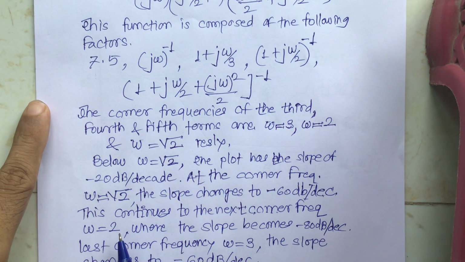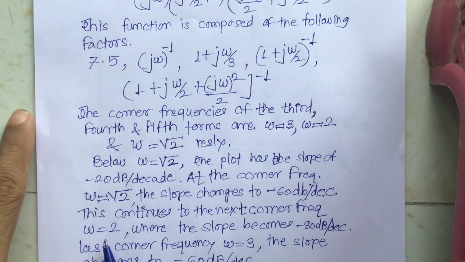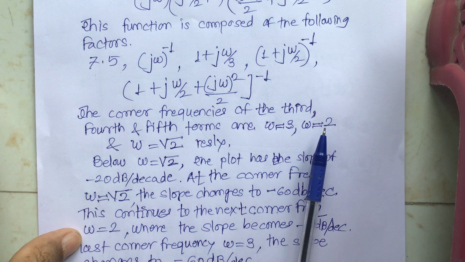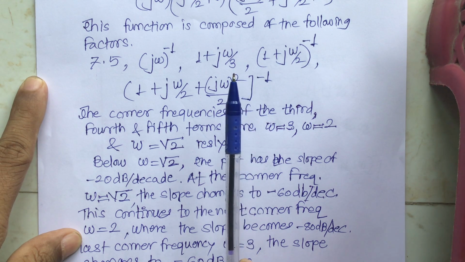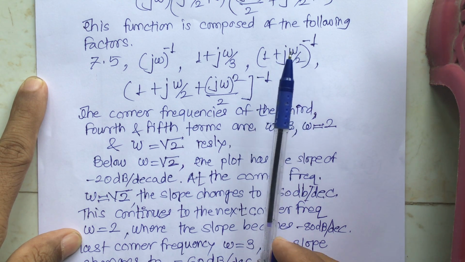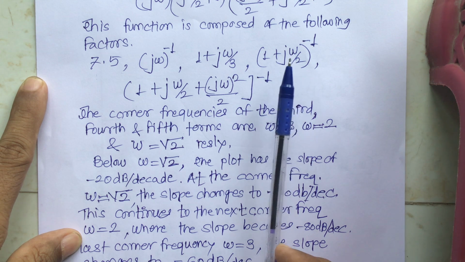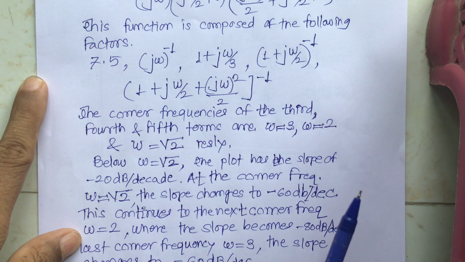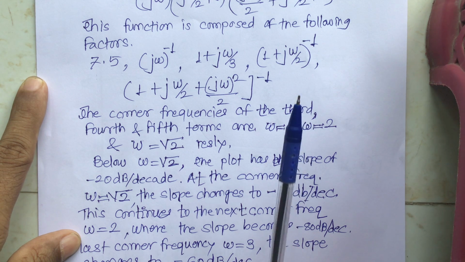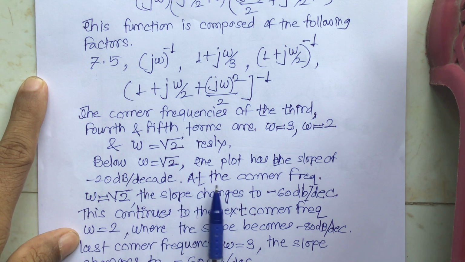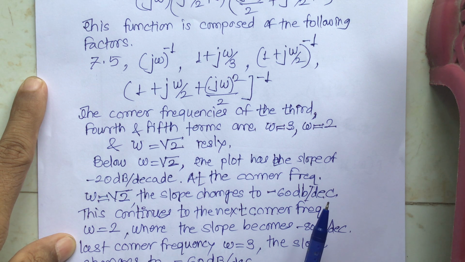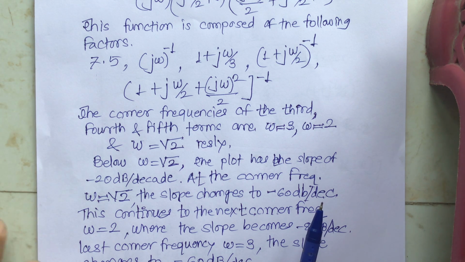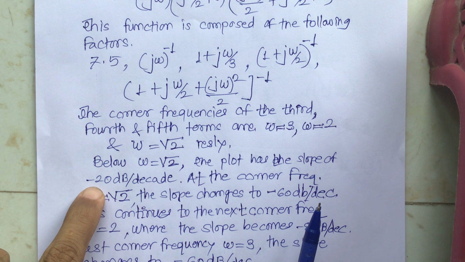At omega equal to 2, the second corner frequency, what will be the slope? As this is a factor in the denominator, it will again have a slope of minus 20 dB per decade. At the corner frequency omega equal to root 2, the slope changes to minus 60 dB per decade, because initially the slope was minus 20 dB per decade.